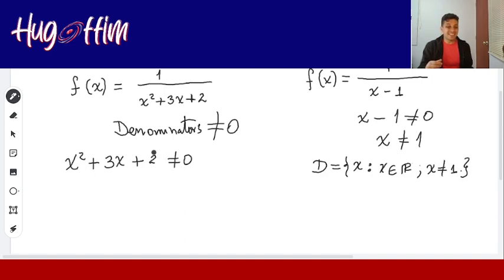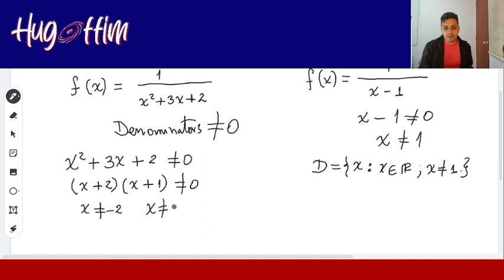So in this case, we have a situation that we have a polynomial, so we can factor the polynomial. Two numbers whose product is 2 and whose sum is 3 will be x plus 2, x plus 1 different than 0. And we can use something called the zero factor property, in which these two cannot be 0, so it means that x cannot be negative 2 and x should be different than negative 1.